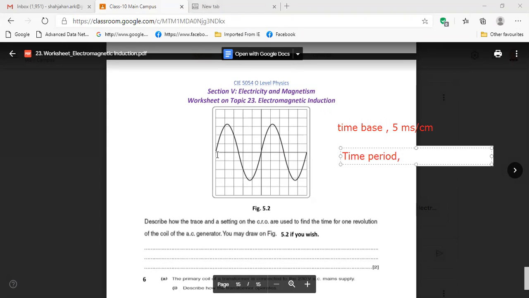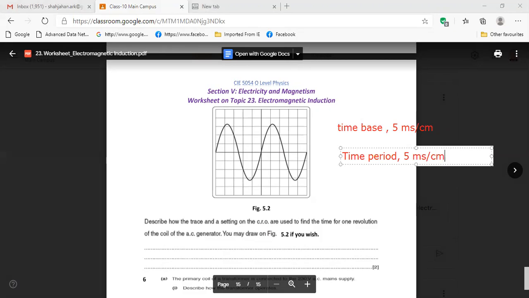No, we are saying that each centimeter is giving us 5 milliseconds. So the time period is till here only, 1 complete cycle, right? How many centimeters are you getting? It is 5 centimeters, right? Yes. If it is 5 centimeters, then at 5 millisecond per centimeter, this will be 5 into 5.